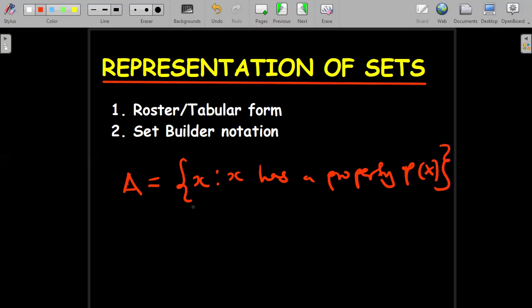So this here is how we generally use set builder notation to describe whatever we're going to describe.